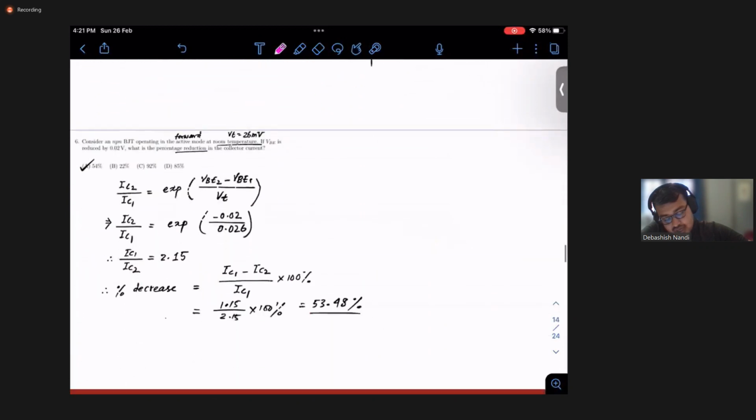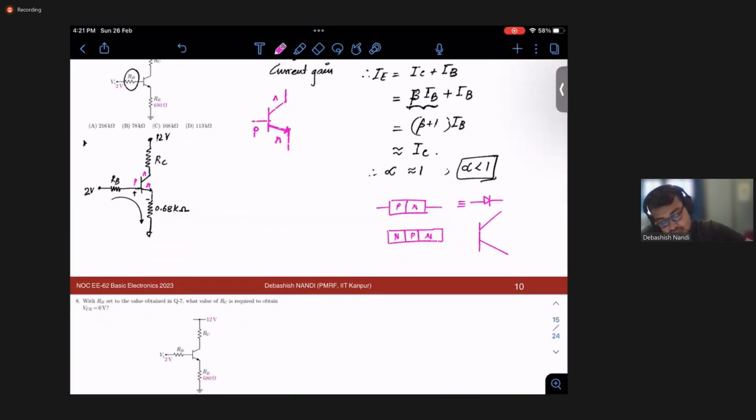And how do you give the direction? You see, this is N, this is P, this is N, okay? Let's say this is your collector, this is base, this is emitter. So the base emitter junction is forward biased, so P to N. That is how your P to N diode symbol is there, right?